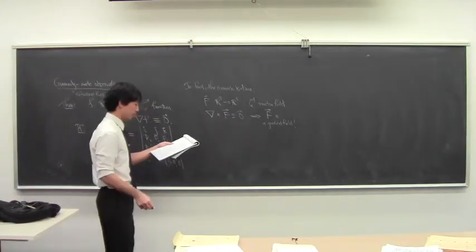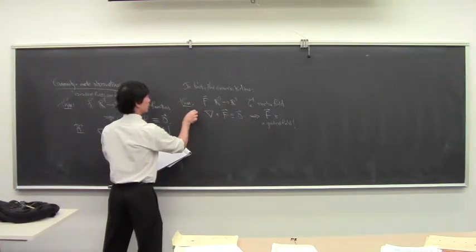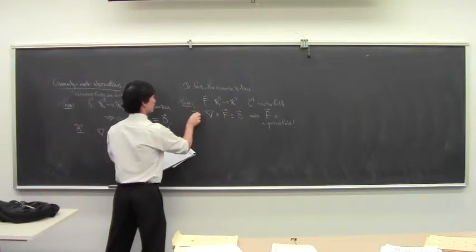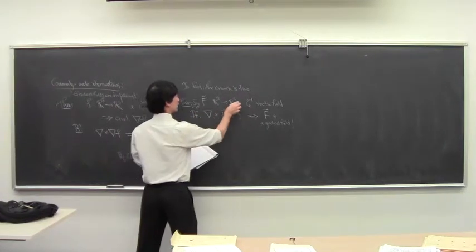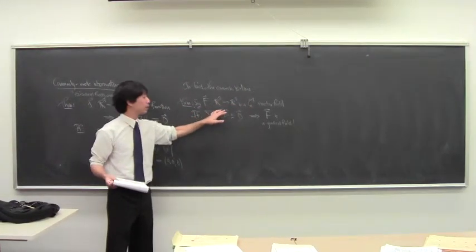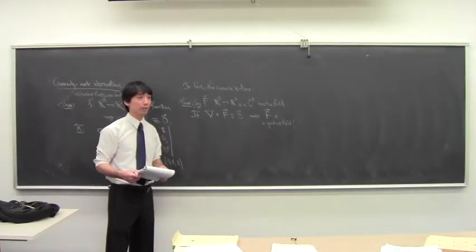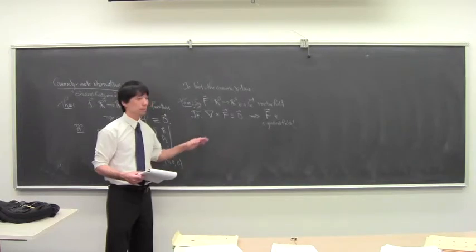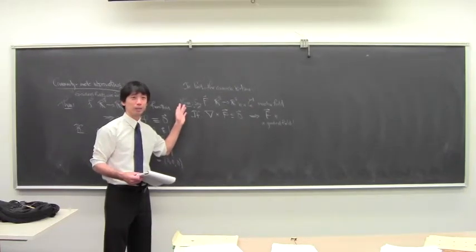We're not going to give the proof of that. So say you have this C1 vector field. If its curl is 0, then it turns out to be a gradient field. So any irrotational field is going to be a gradient field, and any gradient field is going to be irrotational.